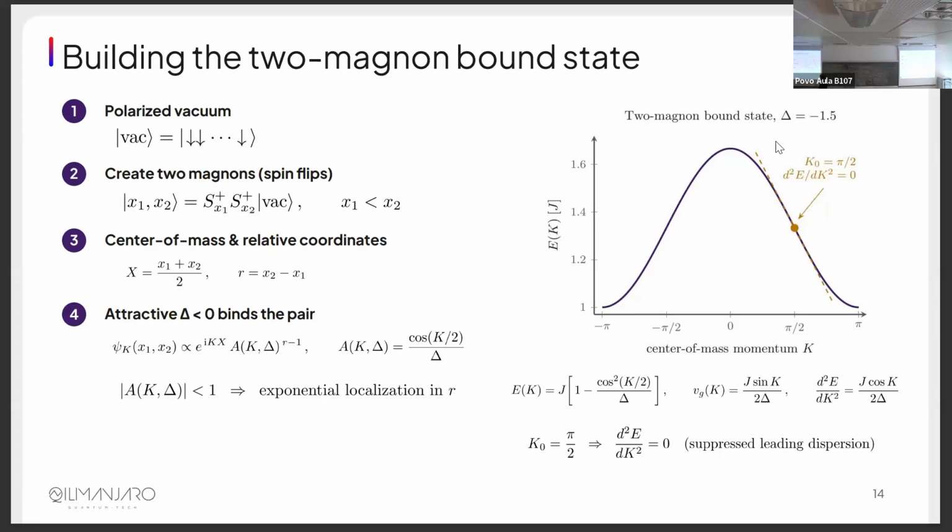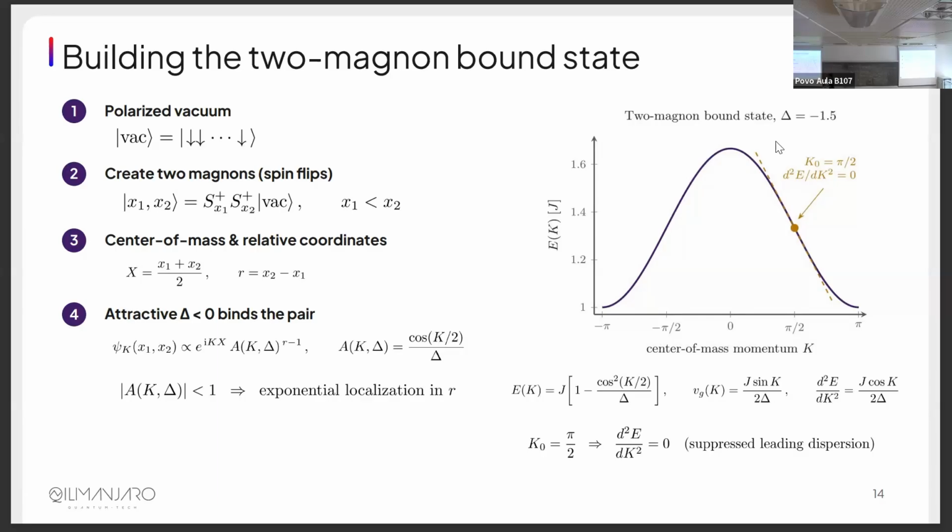The wave function will have something similar to this, where we have the exponential that contains the momentum, and then this A is a function that imposes the profile of the wave function. We want an A where the modulus of A is less than 1 to have an exponential decay outside of the region where we have this bound state.